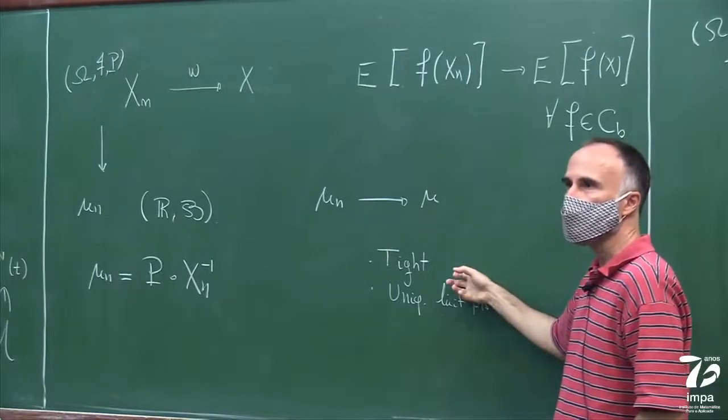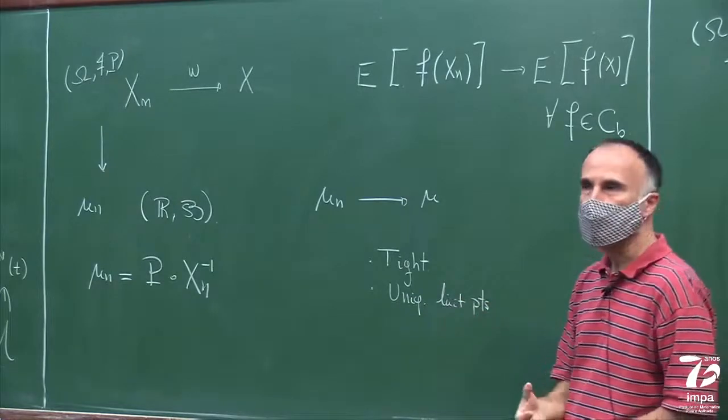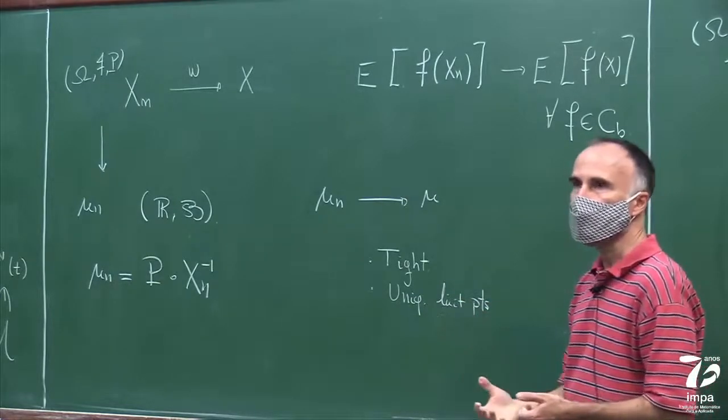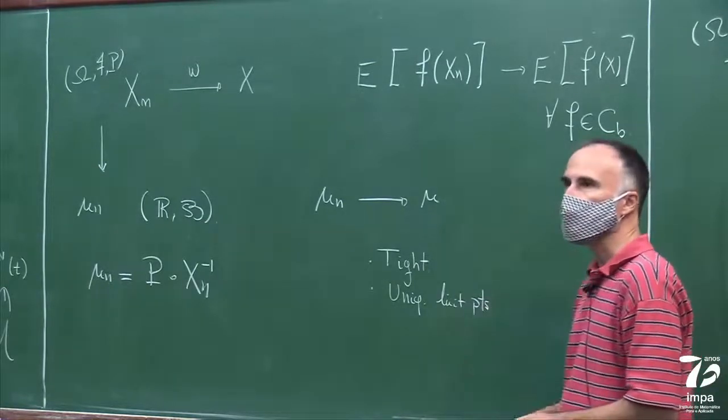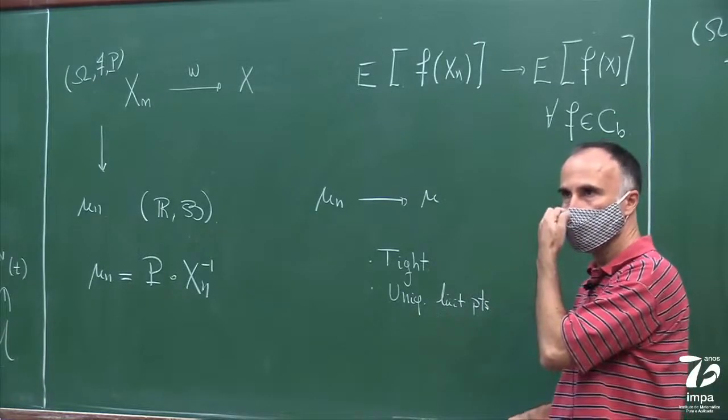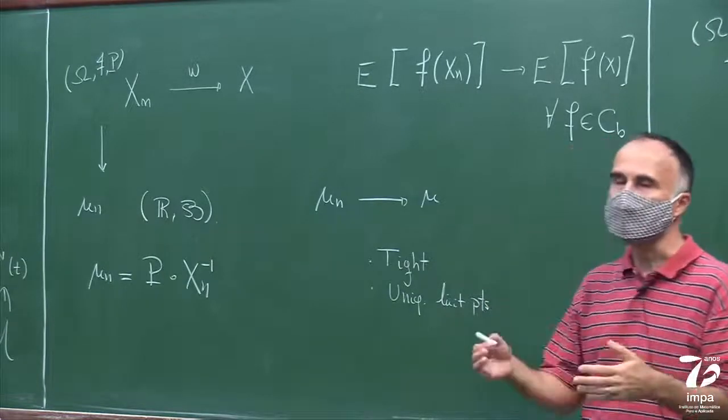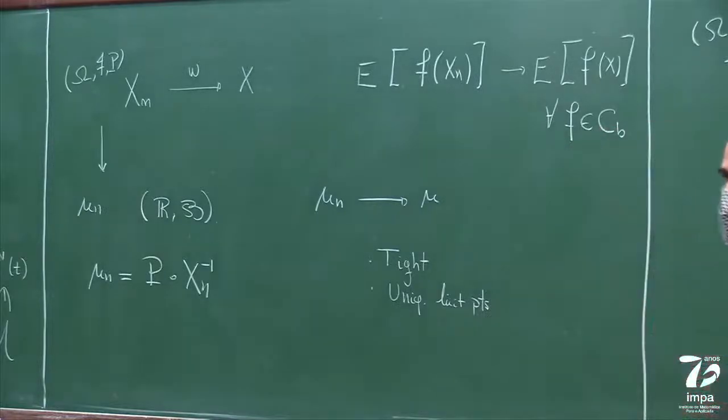You have to prove compactness, tightness, and I have provided some results which yield tightness, and then we have to characterize the limit points. So tightness, remember I mentioned the Aldous criterion, and uniqueness, in each case you have to prove uniqueness. So this is model dependent. But tightness, you have a strategy to prove it.